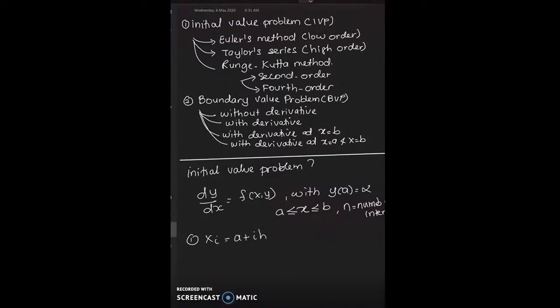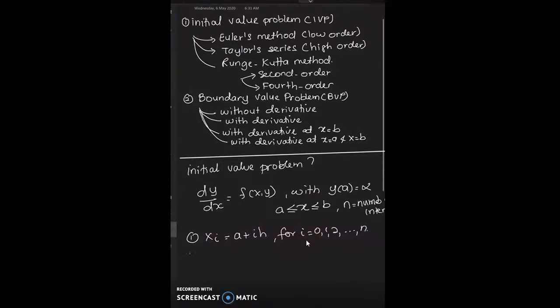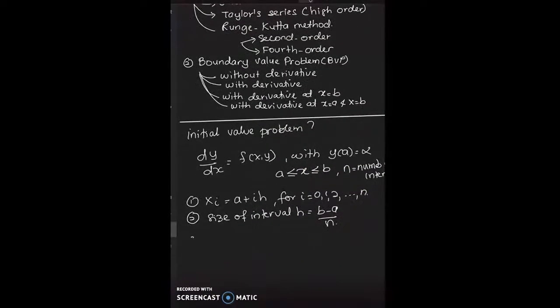So we generate the value of i, which is x_i equal to a plus i h. h is the size of the interval, a is the starting point, i is the iteration, the grid, and n is the number of grids, the number of steps you need to complete using the Euler method. h and n are common for you, and then the derivative dy over dx equals f(x,y).